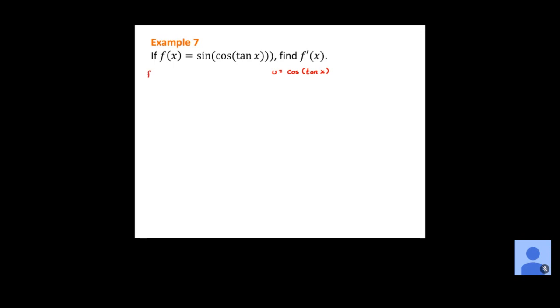So now I can come back over here and say, well, that means my f of x in terms of u is just sine of u. Now, to be able to find, let's think about this. What would f prime of x be in terms of u now?